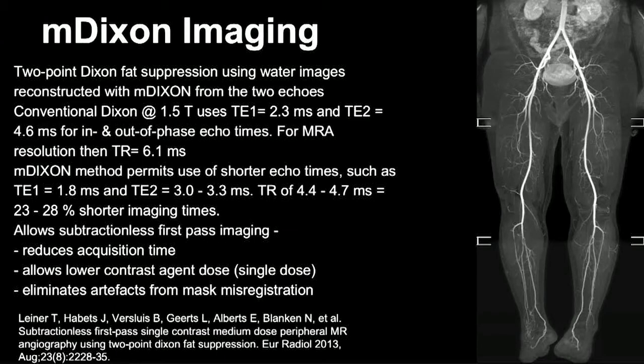I'll speak very briefly about Dixon imaging in MRA. It's been covered before, the physics of it, using the 2-point or multi-point methods to give excellent fat suppression. The Dixon method from Philips also allows shorter echo times and TRs, which can reduce the acquisition time in total. Why is that important?